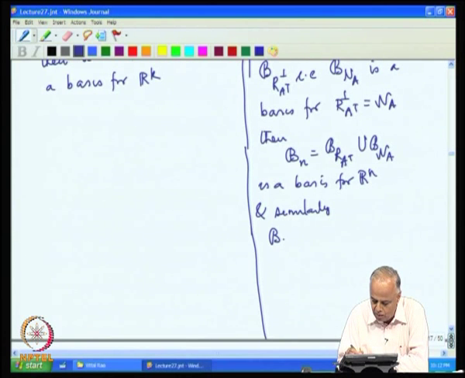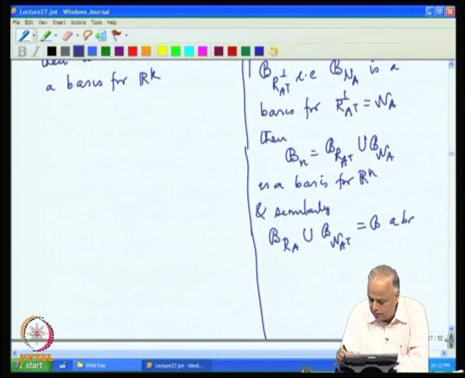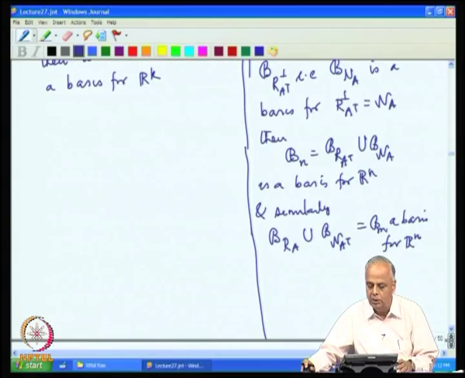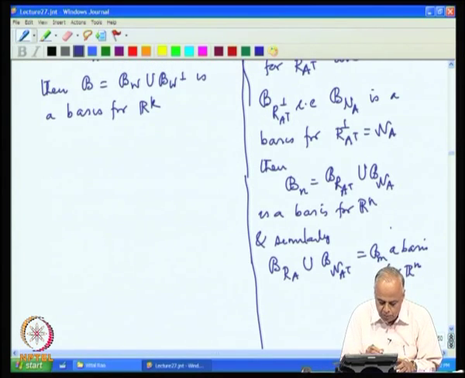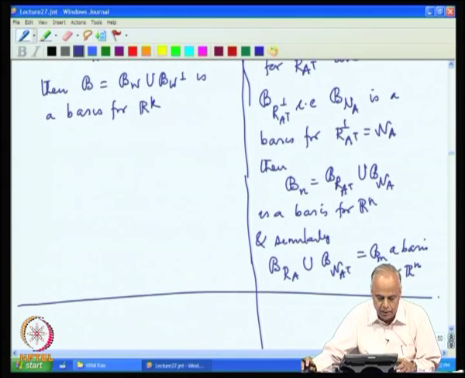Similarly, a basis for R(A) union a basis for N(A transpose) equals a basis for R^m. Let me put it as B_m. So, we have this basis concept and correspondingly orthonormal basis.